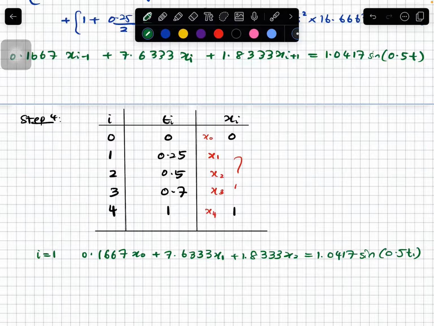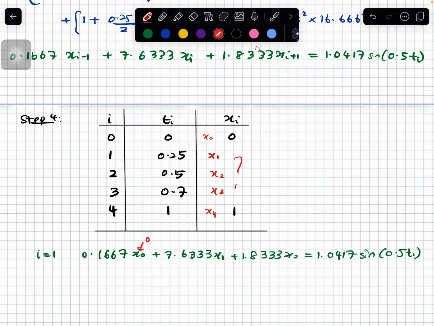Okay, we replace the i value by 1. Okay, this is sine here. So what we can substitute here is the value of x0, which is 0. Okay, you can refer to the table, x0 is 0, right?